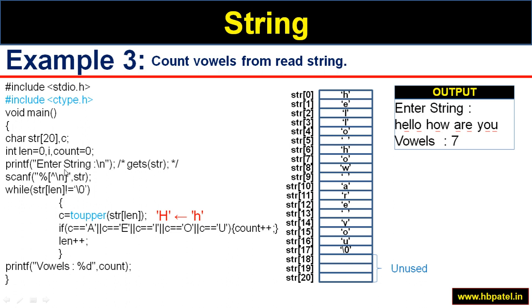And once this loop is done, once 17 characters are checked and the counter is incremented, outside of this loop we will be printing count. One thing you need to remember is that to use this toupper built-in function, you need to include a header file called ctype.h. So this will give me 7 as output, because there are 1, 2, 3, 4, 5, 6, 7 vowels in the string.